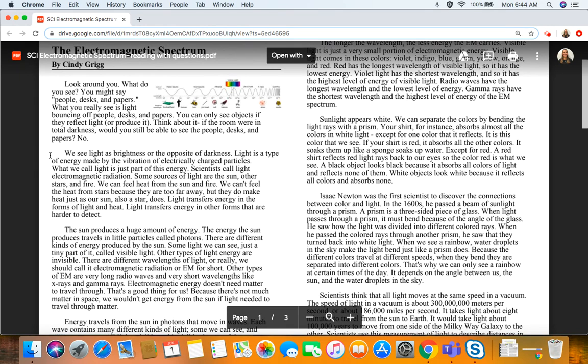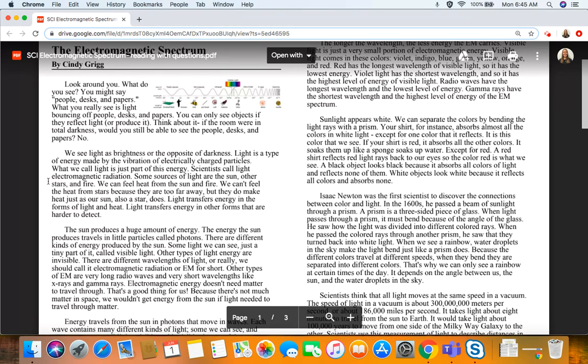Next paragraph. People see light as brightness or the opposite of darkness. Light is a type of energy made by the vibration of electrically charged particles. What we call light is just part of this energy. Scientists call light electromagnetic radiation. Some sources of light are the sun, other stars, and fire.